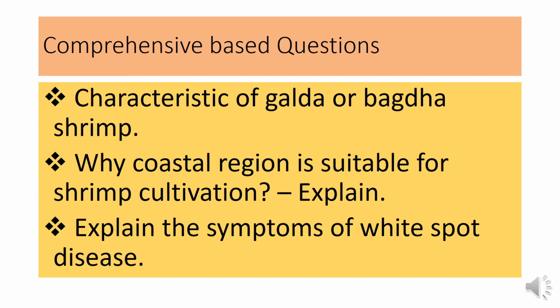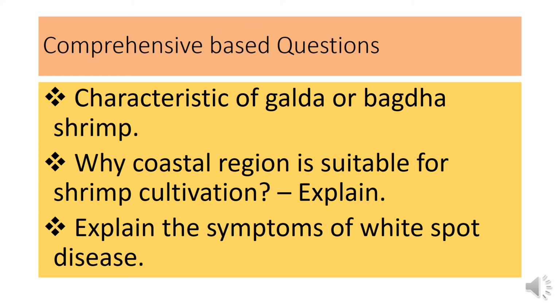That's why the coastal region is suitable for shrimp culture. Mainly, the soil, water and environment are suitable, and shrimp fries can be easily obtained in the coastal region. That's why shrimp culture is suitable in the coastal region.